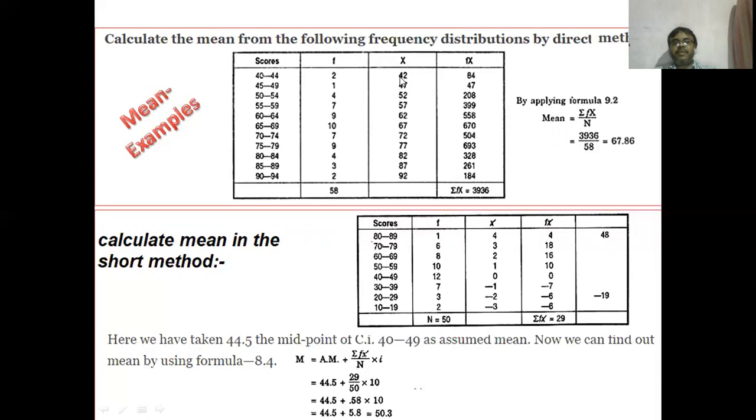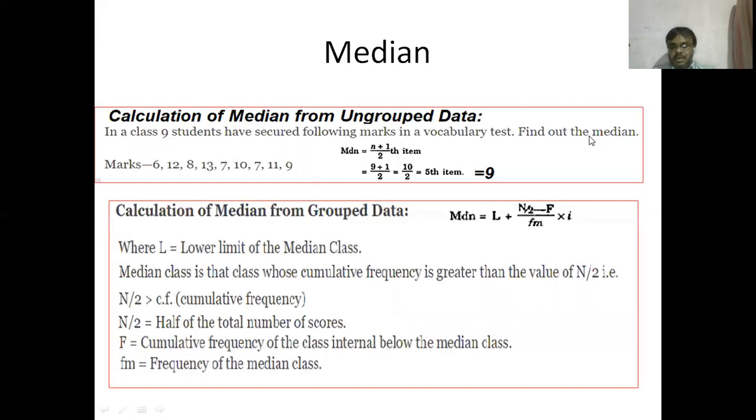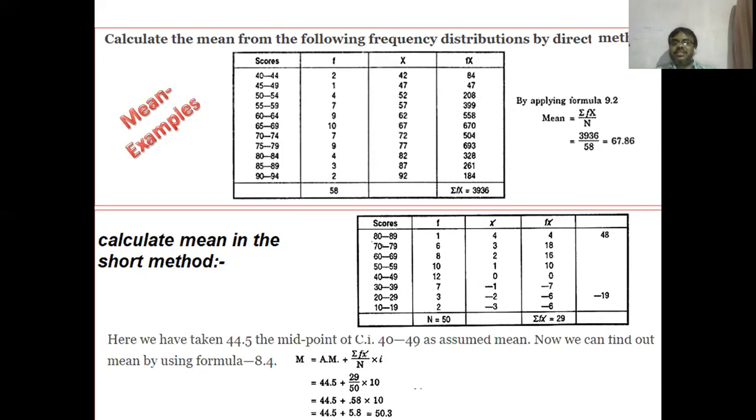How will this x be computed? 44 is the end of the first class, the mean of this 40 to 44 is 42, and so on for the other cases. Once x and f are calculated, you multiply x and f to get fx, and then finally calculate the summation of fx, divided by n. N is the total number of frequencies, or the sum of total frequency. In that manner, we can calculate the mean, that is 67 point something.